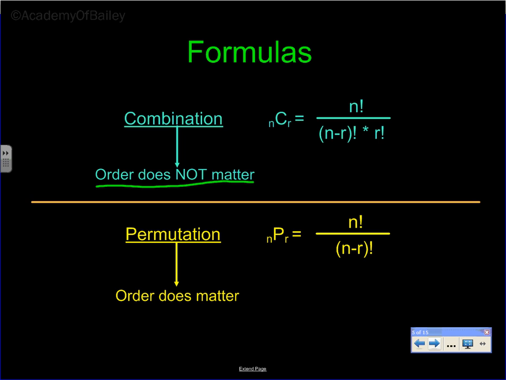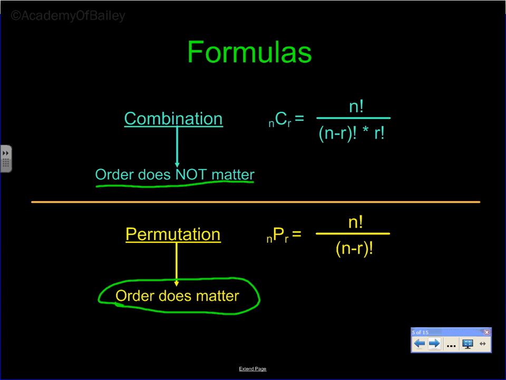If he's just picking 5 guys to start, that'll be a combination. Now, if he's picking the order in which 5 guys come out of the locker room at the beginning of a game, run around the gym, and do some basketball drills in order, that would be a permutation, because order will matter in that case.